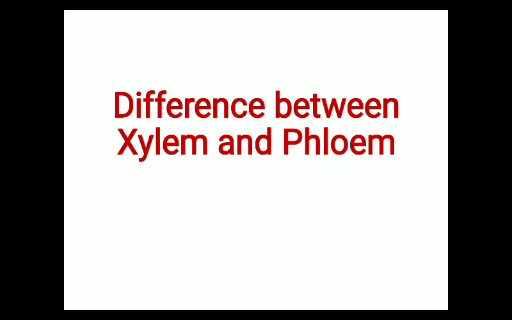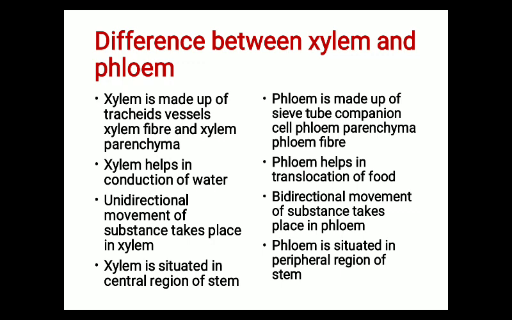Now come to the very important part, which is the difference between xylem and phloem. Generally from this part a question will come: what is the difference between xylem and phloem. Mention any four differences. First difference is xylem is made up of tracheids, vessels, xylem fiber and xylem parenchyma.